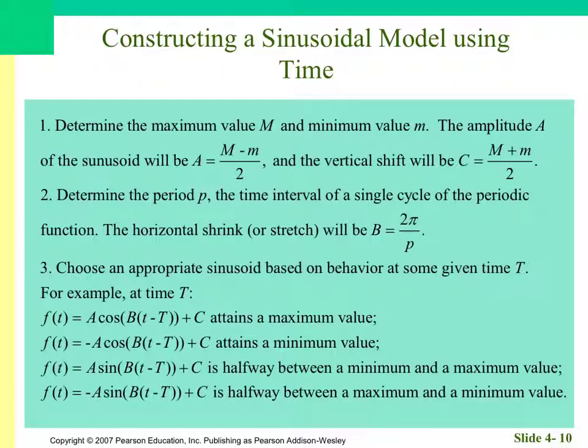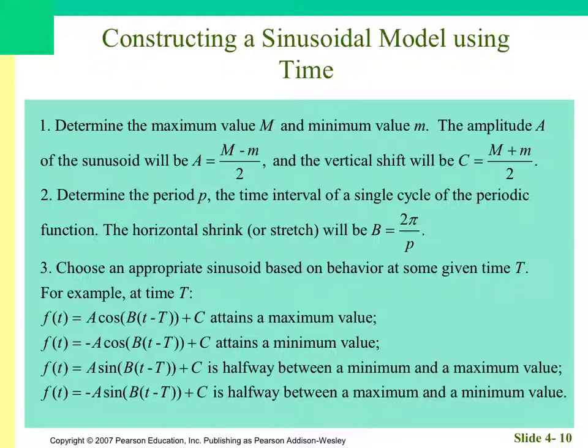Determine the maximum value M and the minimum value m. If you're not given the equation, to get the amplitude a, you do max minus min divided by 2.